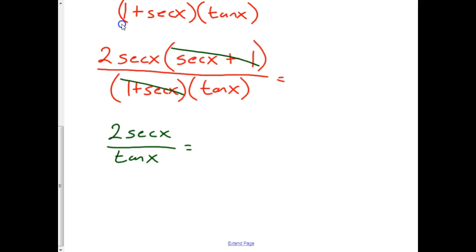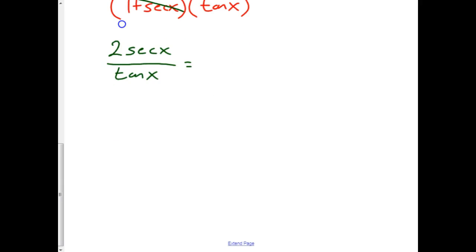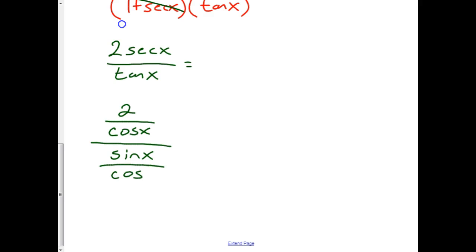Okay. Well, I'm still not at my goal yet, so let's see. What else could I do? Well, let's turn everything into sine and cosine. See where that takes us. So this would be 2 over cosine x divided by sine x over cosine x. Okay. Flip the bottom and multiply, so your cosines are going to end up canceling, right?